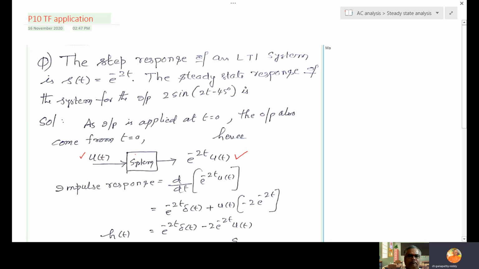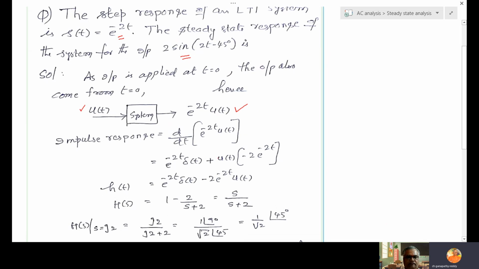So when you apply a step, the system gives this response. That is the given data. The steady state response of the system for the input, with this input, what is the output? That's what is asked. So this problem can be solved in two ways.